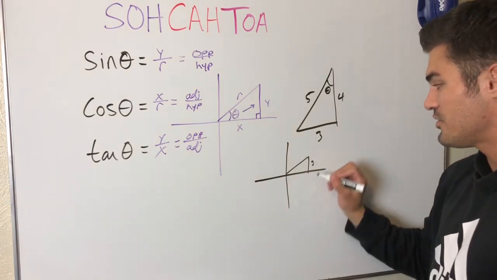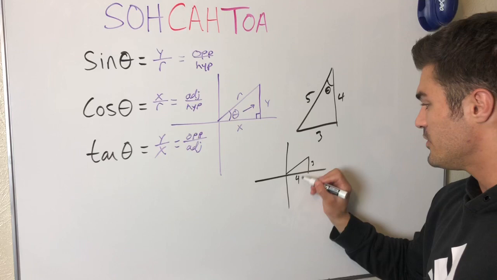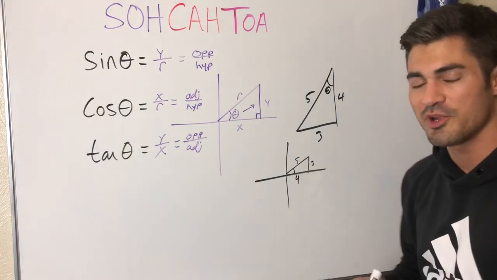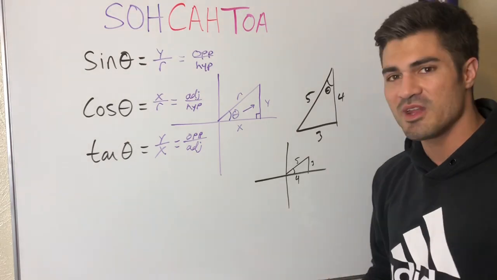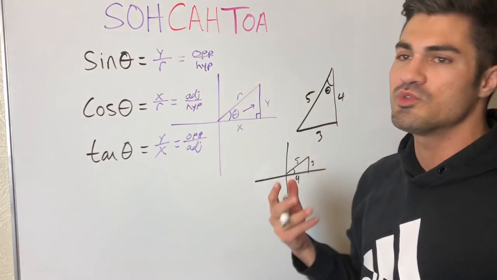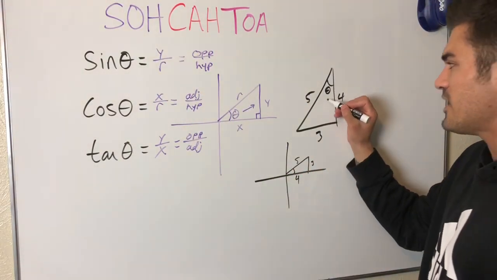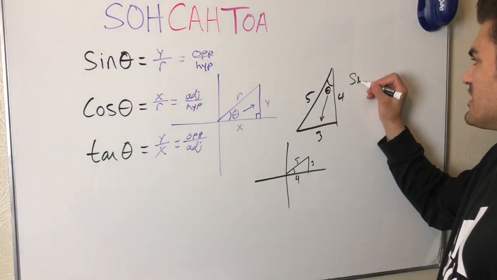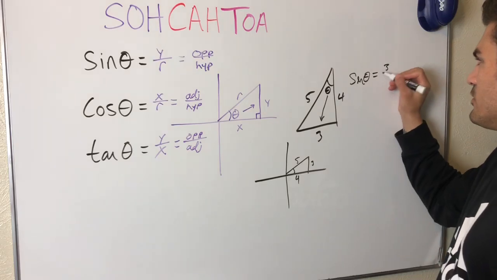The 3 would be here, the 4 would be here, the 5 would be here. So I'd have to redraw the whole thing and then see, oh, this is y over r, that's 3 over 5. It saves me time and makes my life easier if I can just use SOHCAHTOA. So I can say, this is my angle theta, opposite over hypotenuse. That means that sine theta is 3 over 5.